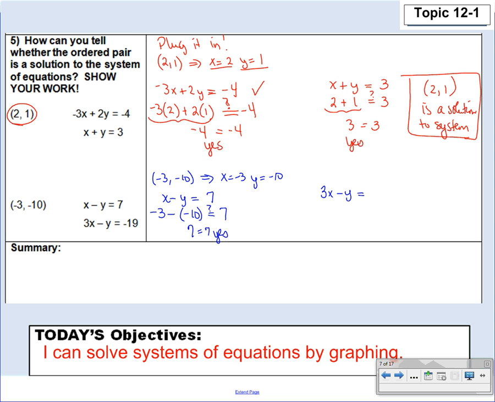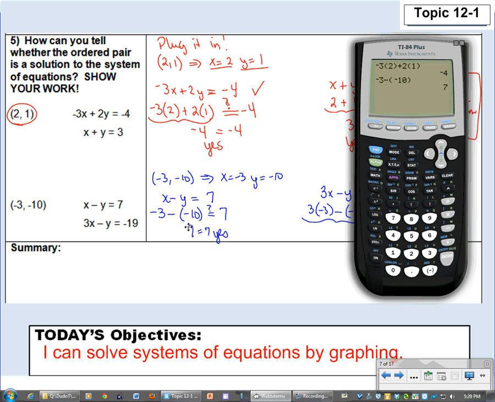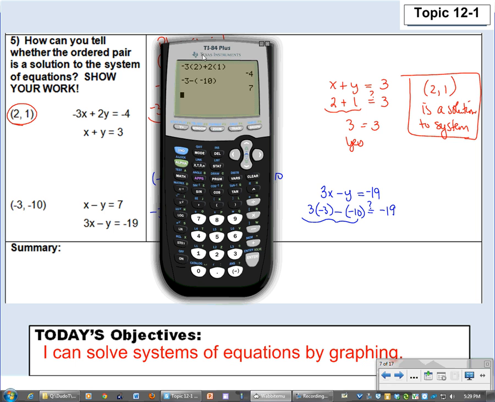3x minus y, does that come out to be negative 19? So we'll start with 3 times negative 3 minus negative 10 for our y. And the question is, does that come out to be negative 19? Let's put the left-hand side into our calculator. That'll give us 3, open parenthesis, negative 3, close it, minus, open parenthesis, negative 10, and close the parenthesis.